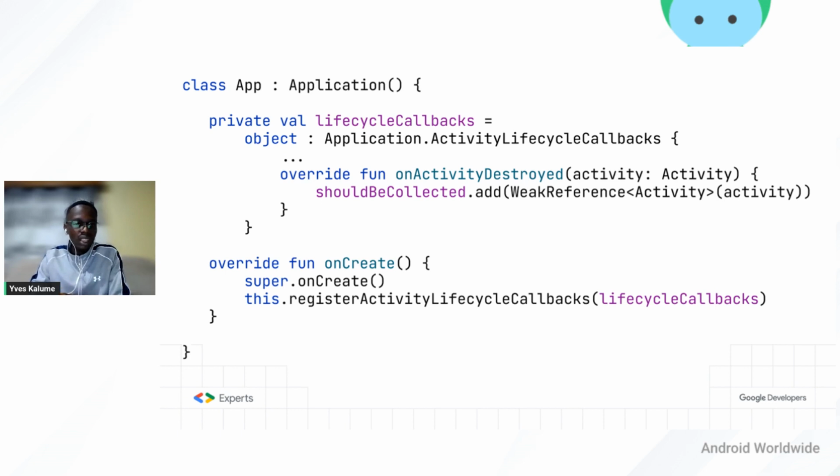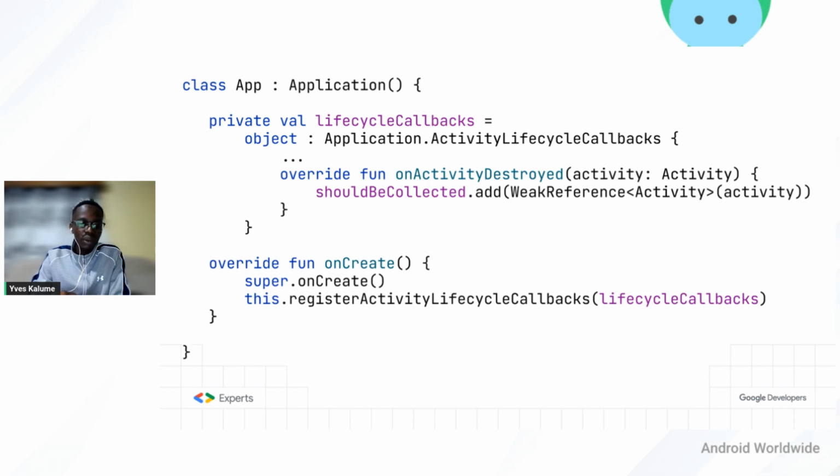So here is simplified code of how LeakCanary may operate. We hook the activity lifecycle, and when onDestroy is called, we keep the reference to this activity, but this reference has to be a weak reference, because if we keep a strong reference to the activity, we will make it ineligible for garbage collection.